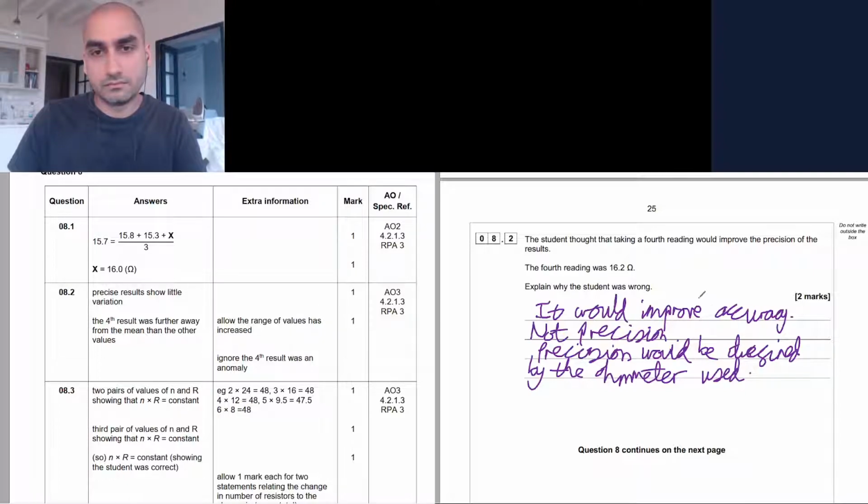Oh, I see what they mean. What I said was... Damn it. No, I was thinking completely the wrong thing. It's actually increased the range. So the variance has increased, therefore precision has decreased.